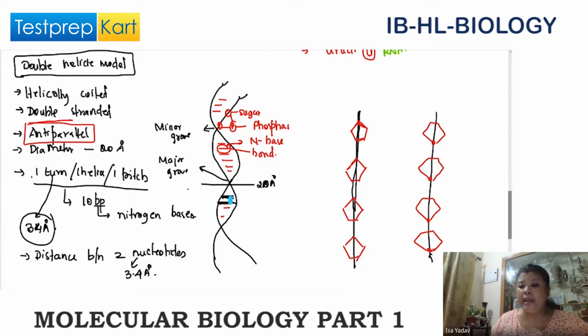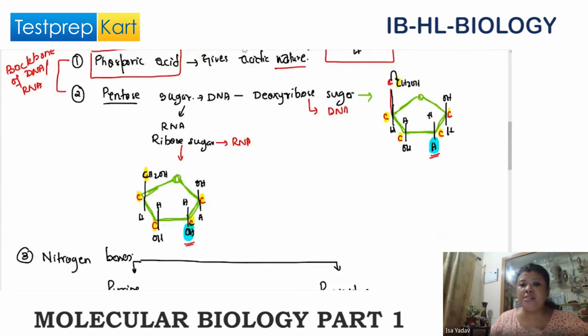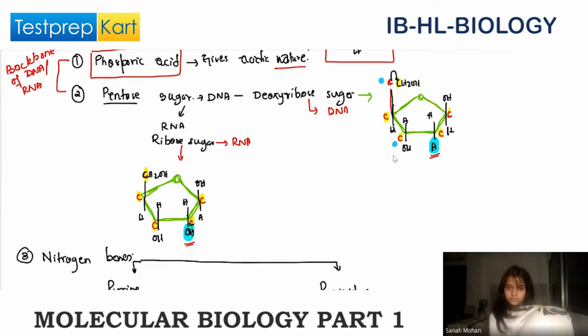Now, let us see here. Deoxyribose sugar. Can you tell me the number here? I'll give a blue dot and you tell me which number carbon atom it is. This one? 5. This one? 3.